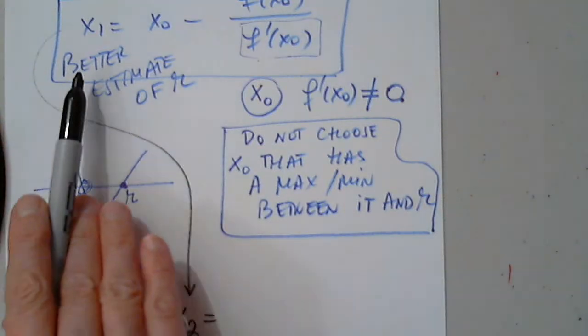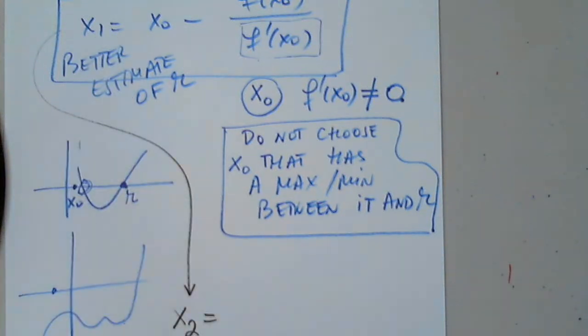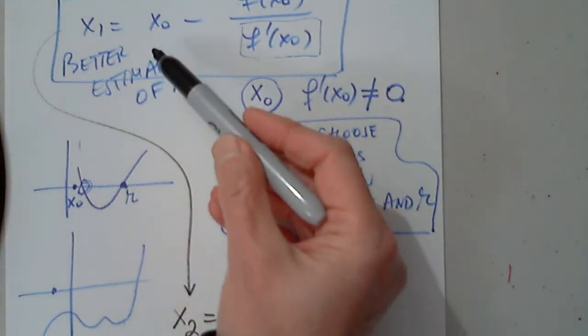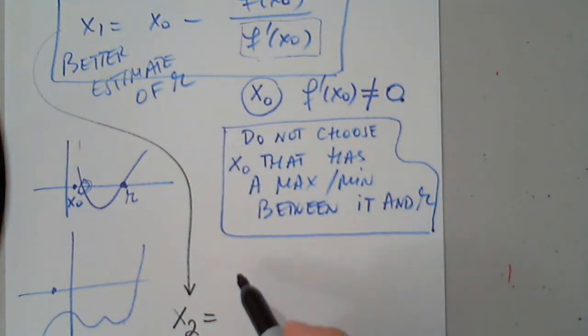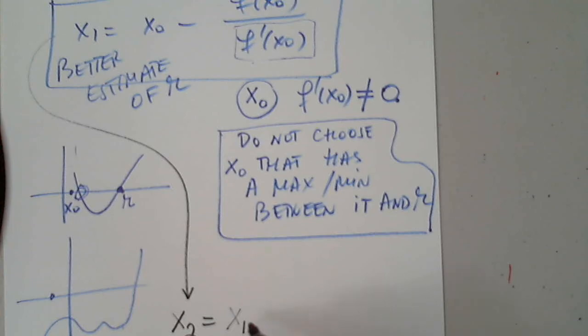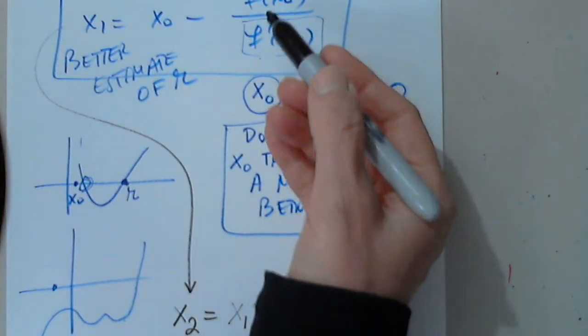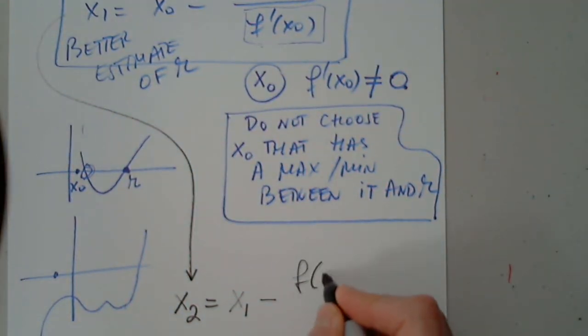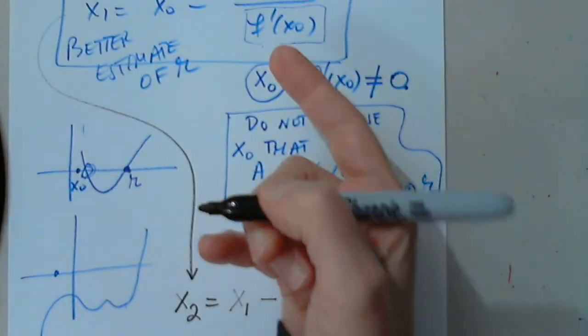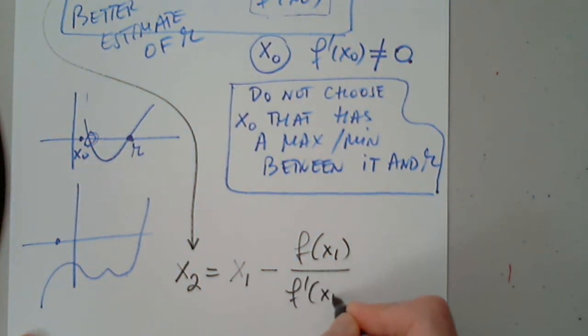That now depends on x sub 1, not on x sub 0. Give it a shot. What is this now? x sub 1. Correct. What is this now? f of x sub 1. What is this now? f prime of x sub 1.